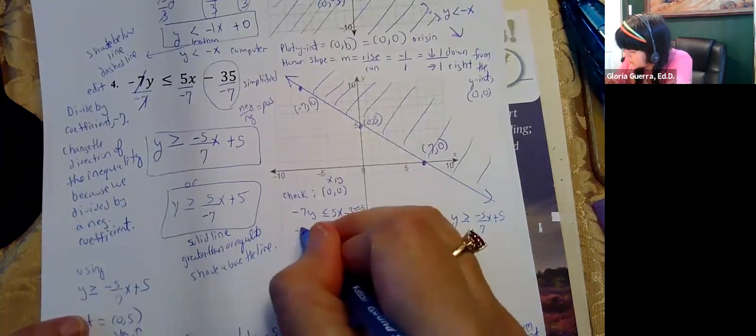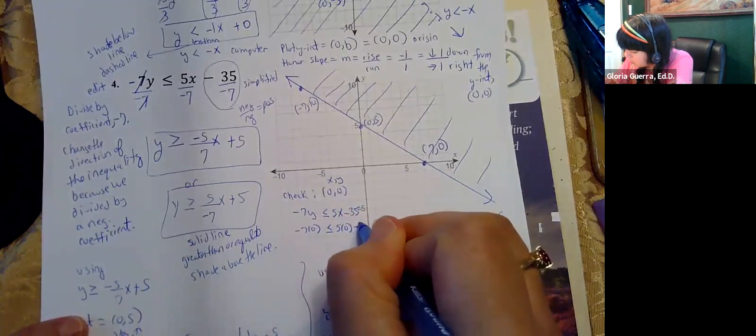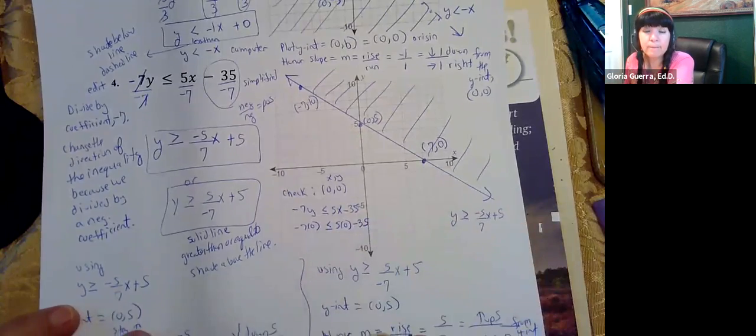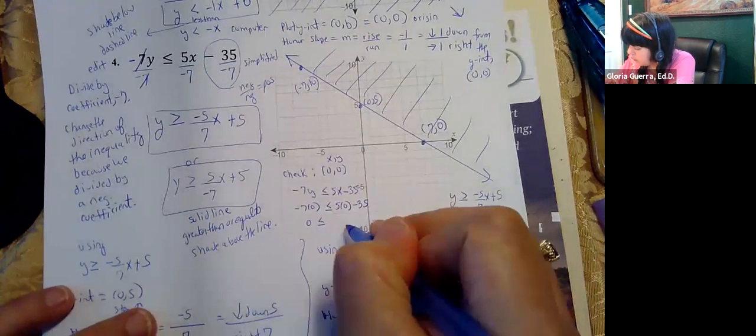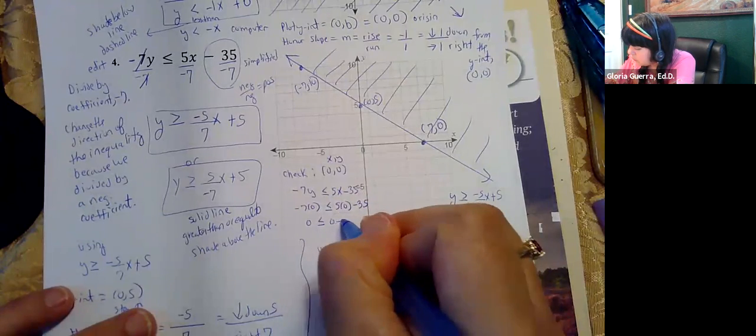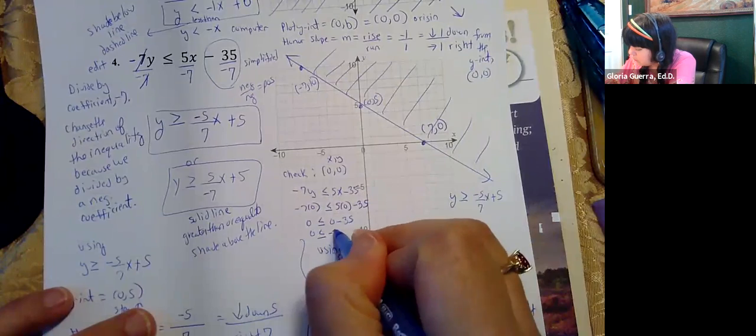So -7 times 0 is less than or equal to 5 times 0 minus 35. So -7 times 0 is 0, less than or equal to 5 times 0 is 0 minus 35. So 0 is less than or equal to -35.